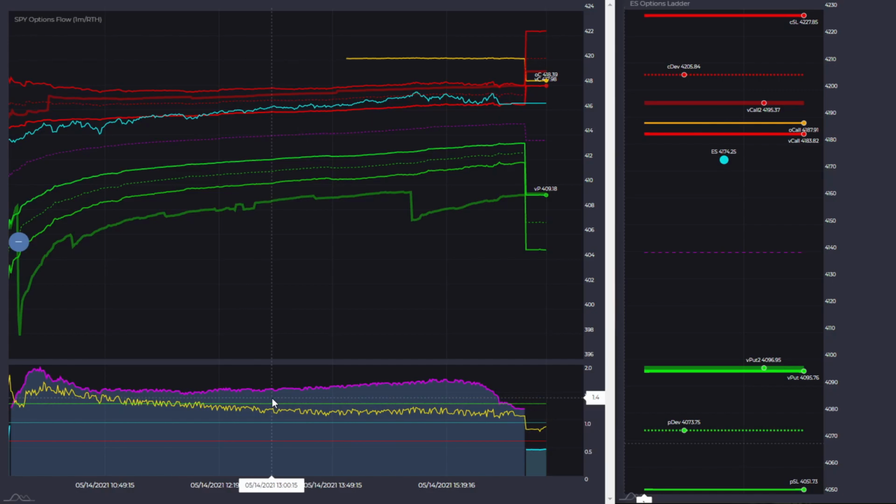It will show you the impact. So if it's above this green line, it means that the impact of the options market on the stock market is very, very high. It's extreme impact. So the options market is very important during this session.